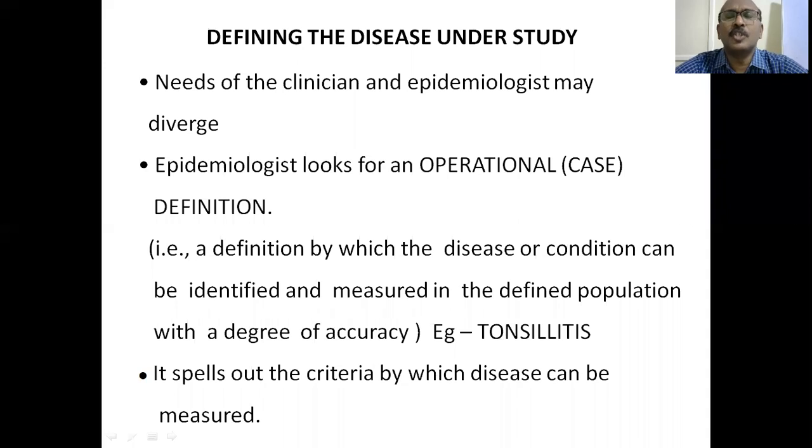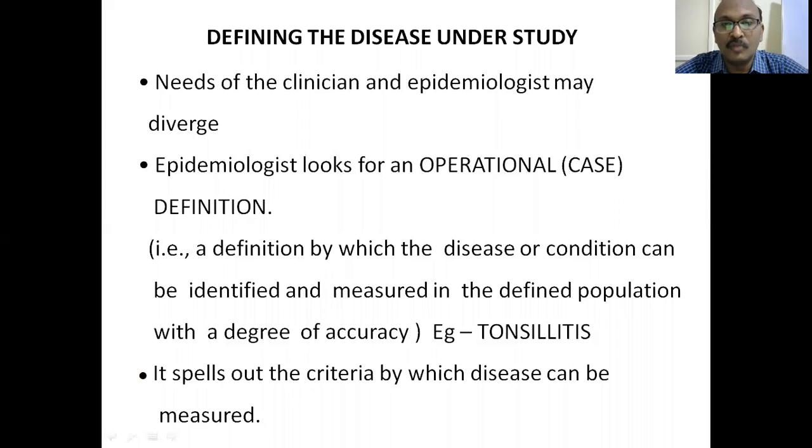So he needs to spell out the various criteria in an operational definition as far as the epidemiologist is concerned. So it spells out the criteria by which a disease can be measured, as I said earlier. So what are the criteria in case of tonsillitis? If a clinician has to look for tonsillitis, he has to see the enlarged tonsils, which is caused by Streptococcus pyogenes.